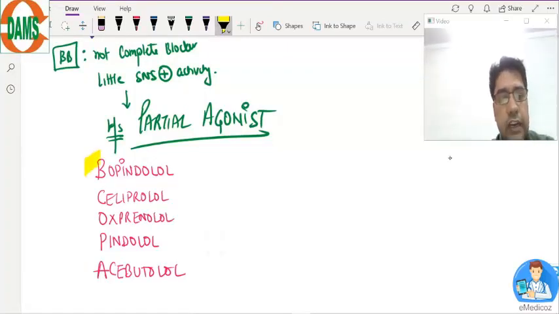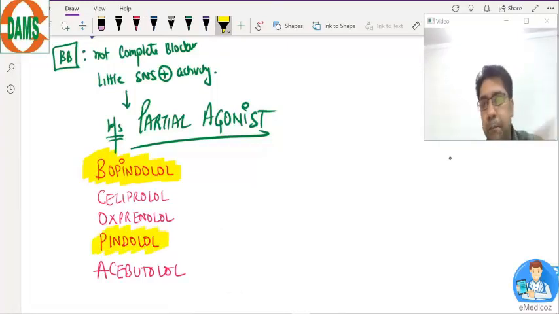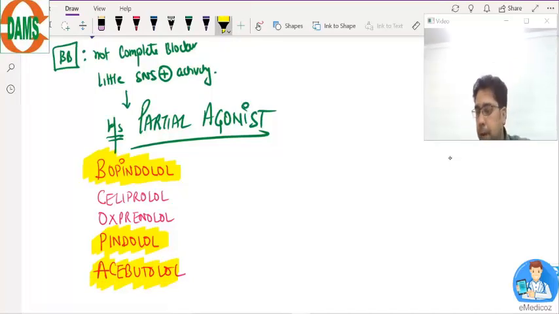This question was asked previous year in PGI exam. Pindolol and bopindolol. Just try to remember these three drugs. Partial agonist means that they are not complete blockers, they have a little bit of stimulant activity.